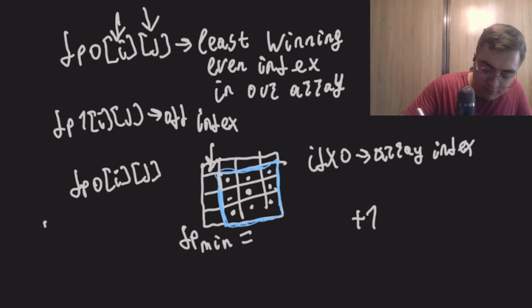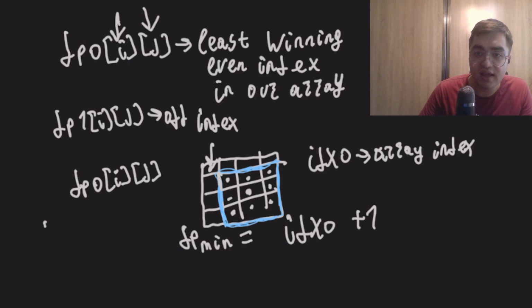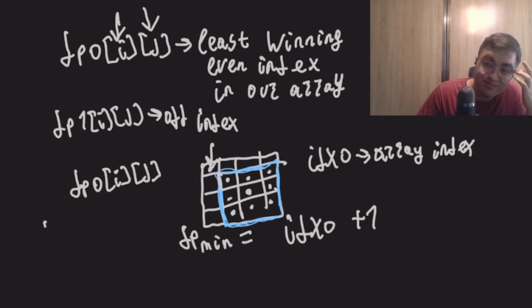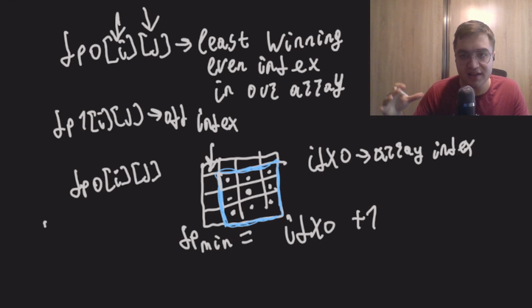And here, if dp min equals idx 0 plus 1, then it actually means that we don't need to do anything, because we update it if we see that it's a winning state. So dp0 ij is a winning state. Then we update it by the least possible index.